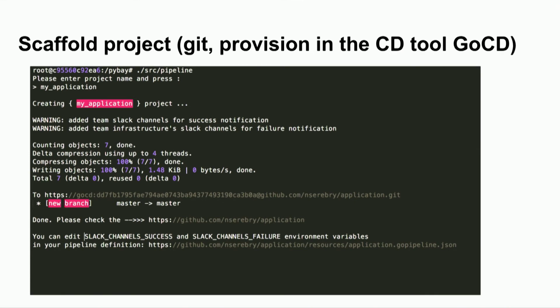So here I give an example as my application. This is how I name my project or my service. And I just pressed enter, and we'll see that there are some things happening in the background. This is Terraform. I can add that we also use Slack. I hope all of you are using some kind of notification system that lets you know if your deployment failed or something went wrong.